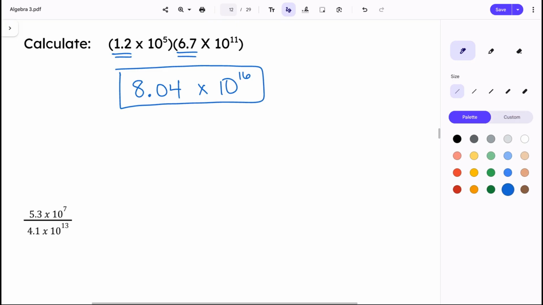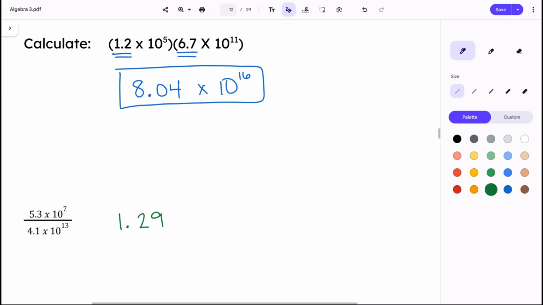We're going to do the same thing with dividing. Same rules apply. What would be 5.3 divided by 4.1? 1.29. Did you round that? Or did it come out to be 1.29? I like rounded. Okay, that's fine. 1.293. Yep. So I would just round if you need to.